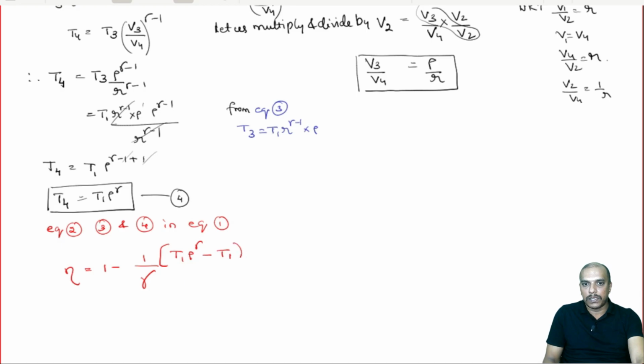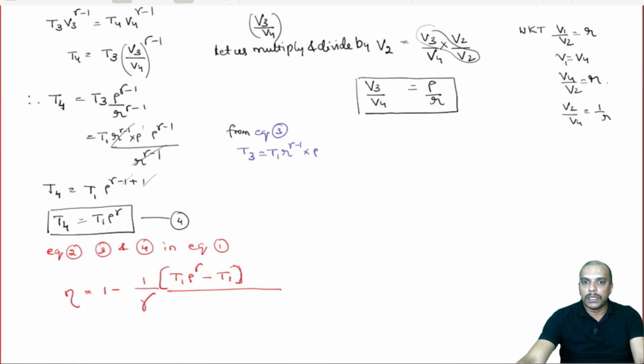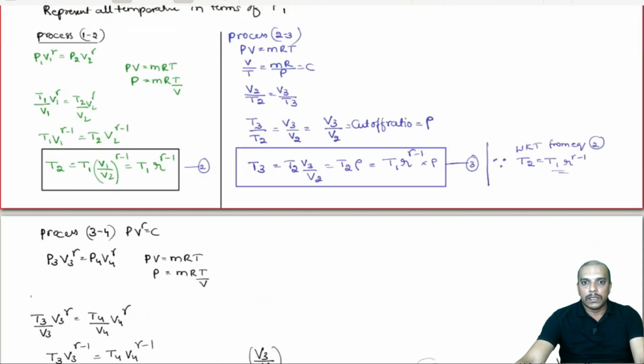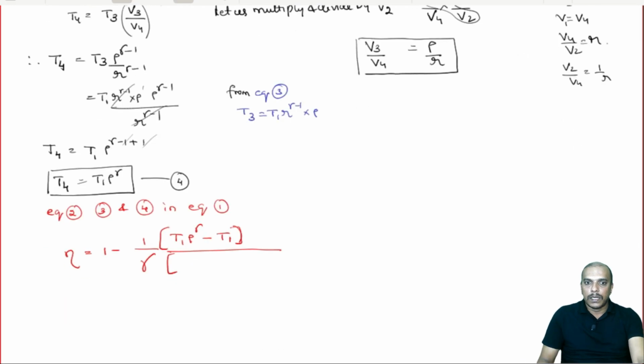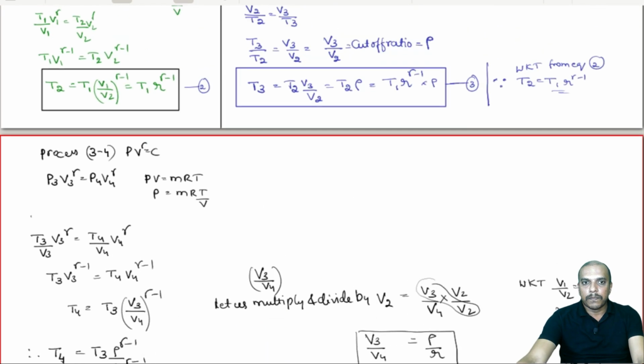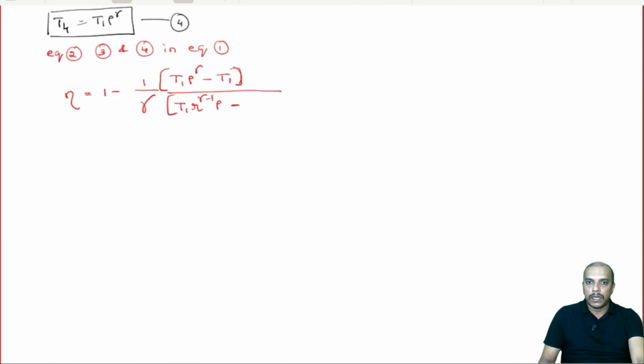This T4 minus T1 is in the numerator, divided by T3 minus T2. Now, what is our T3? T3 is T1 R power gamma minus 1 into rho, minus T2, that is T1 R power gamma minus 1.